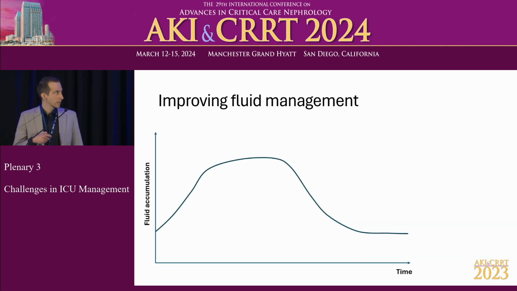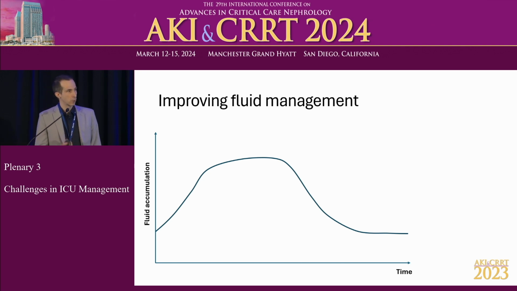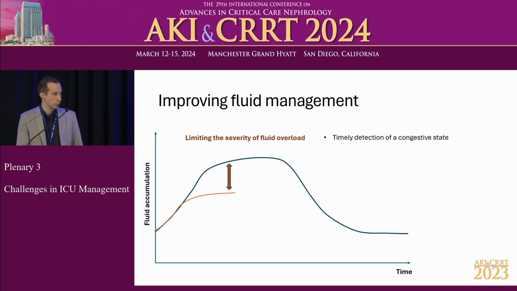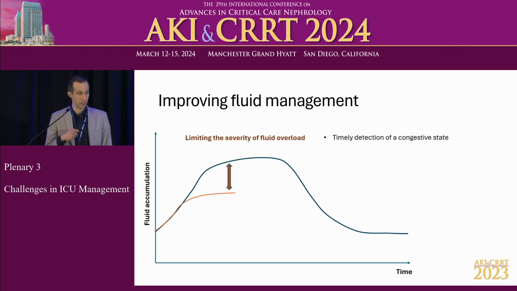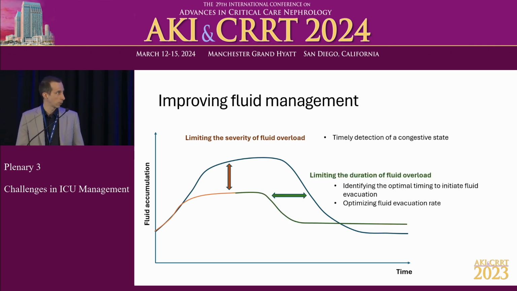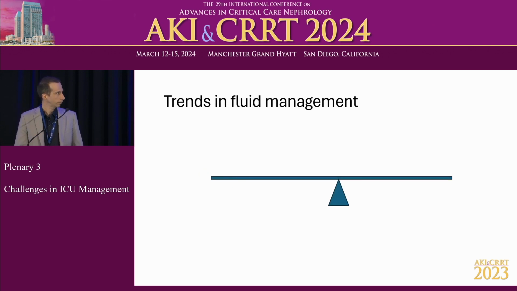But nonetheless, based on these surrogate markers and those observational studies, the current hypothesis is that reducing exposure to fluid accumulation, either by limiting the severity of fluid overload or limiting the duration of fluid overload, would entail a better patient prognosis.